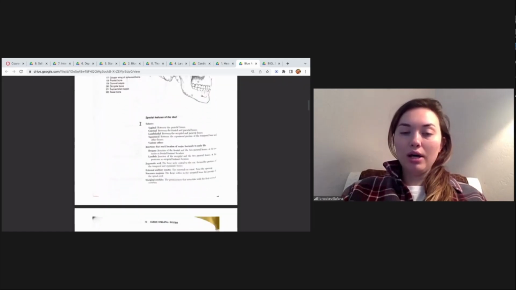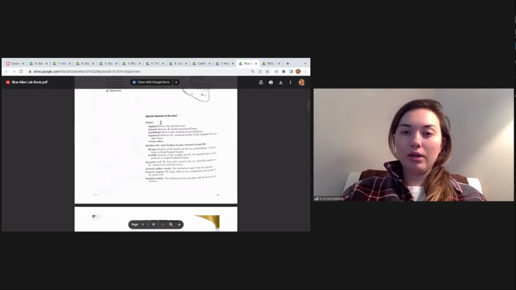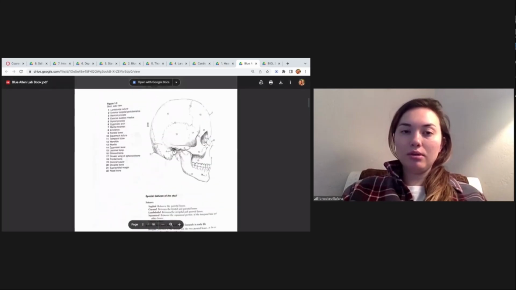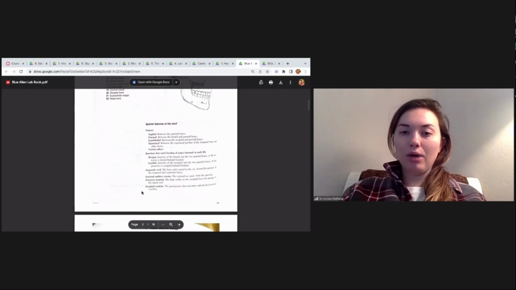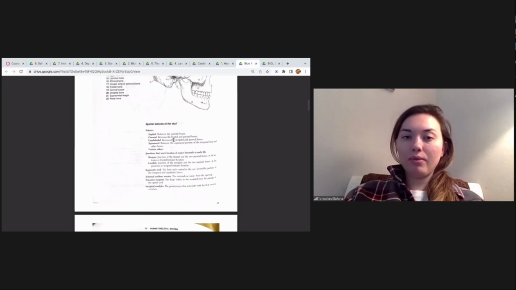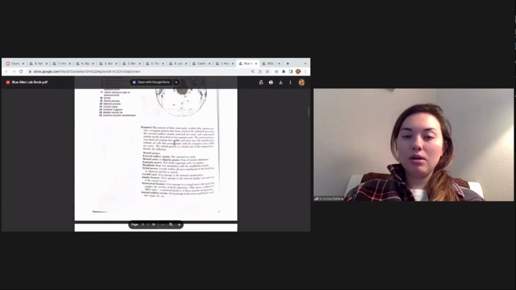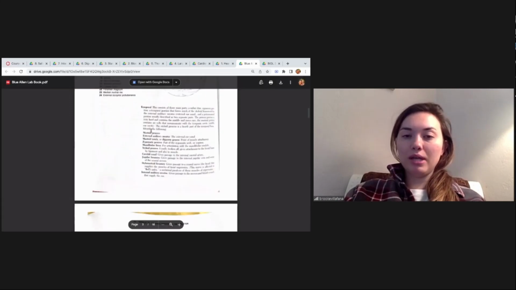You do not need to know anything on the bottom of the page. Again, numbers, names, nothing on the bottom of the page. You also need to know whether a bone is left or right. Again, names, numbers, nothing on the bottom of the page will be tested.